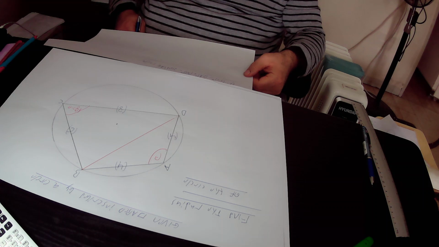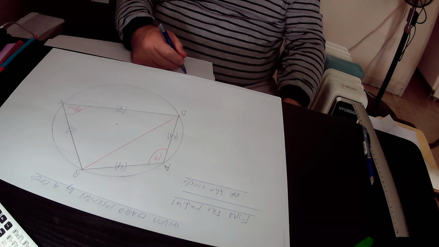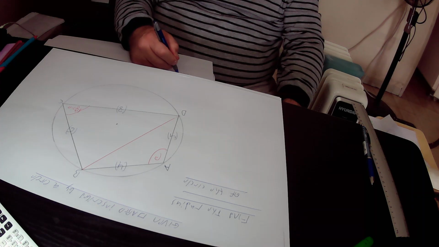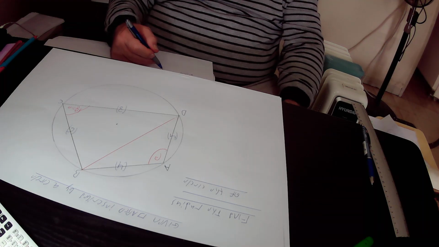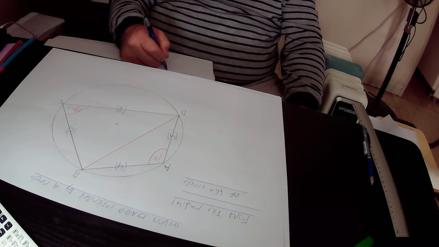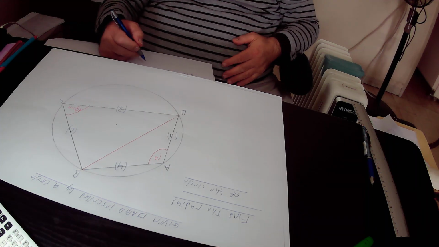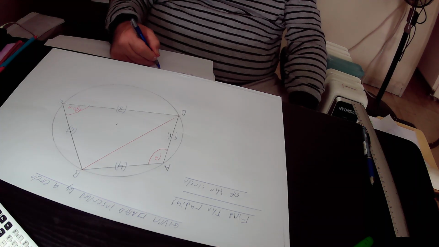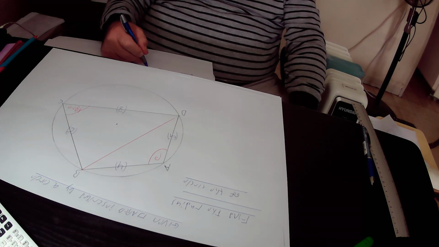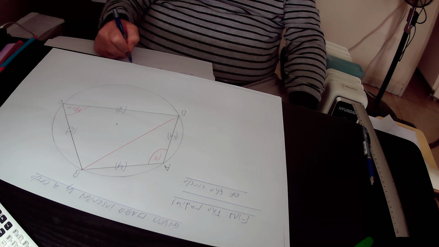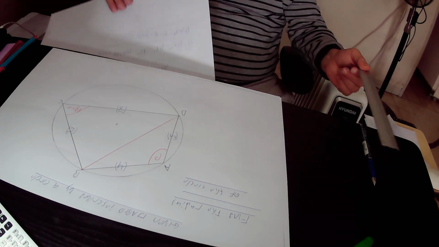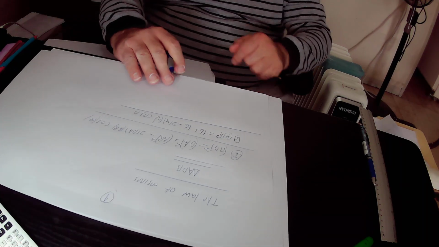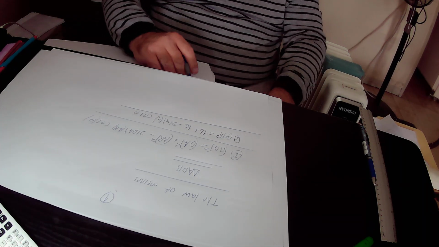DB is the missing side, so DB squared equals DA squared. DA is 4, therefore DA squared is 4 squared, this is 16, plus AB squared. AB is also 4, therefore AB squared is 16, minus 2 times DA, this is 4, times AB, this is also 4, times cosine theta. So in total, according to equation 1, BD squared equals 16 plus 16 minus 2 times 4 times 4 times cosine theta.